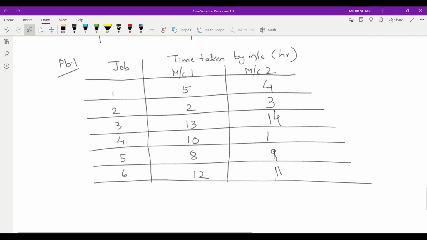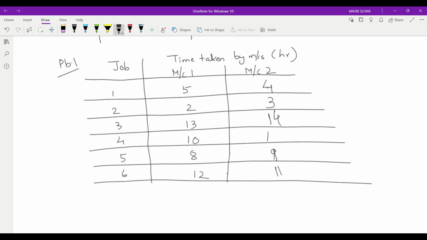Out of all of these, which is the shortest time? I think this 1 is the shortest one, 1 hour. It's not 2, it's 1. Can anybody see that? This 1 hour is the shortest time. But this one is at machine number 2.